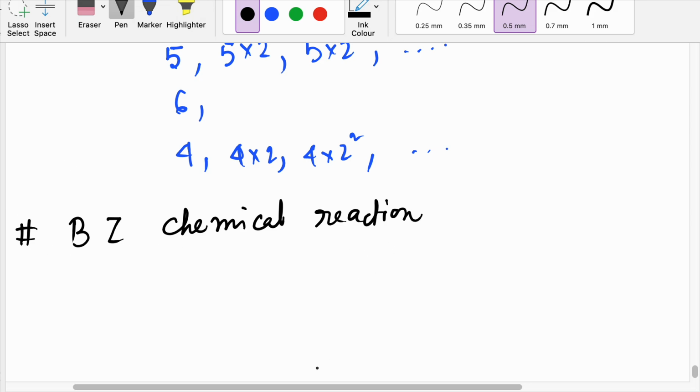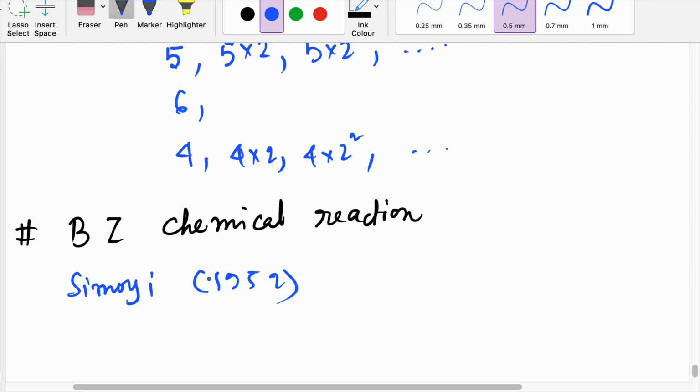In 1982, Simoyi et al., in this paper, studied a continuously stirred flow reactor, and found a regime in which the period doubling route to chaos appears.